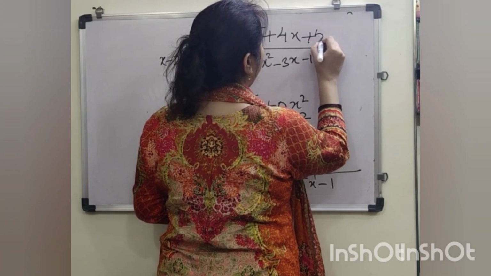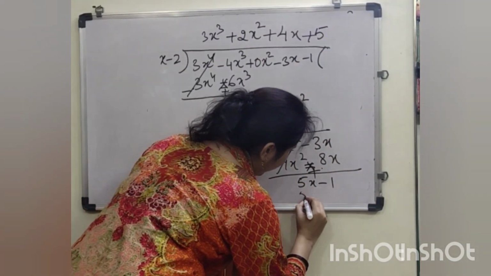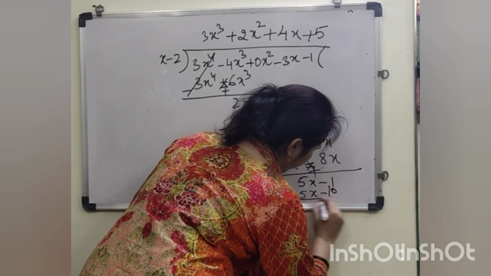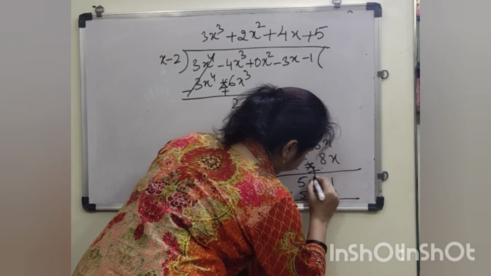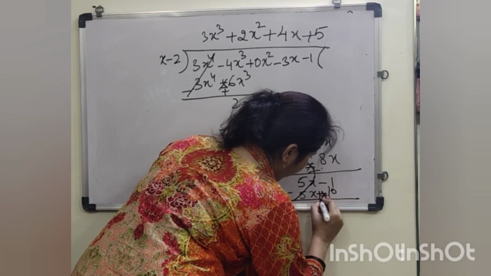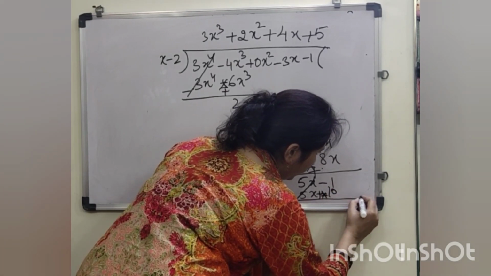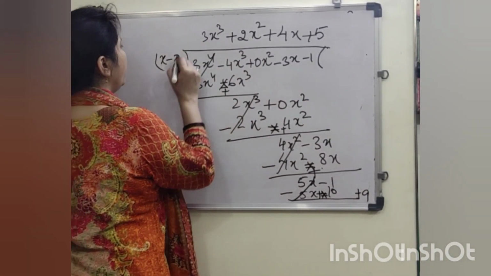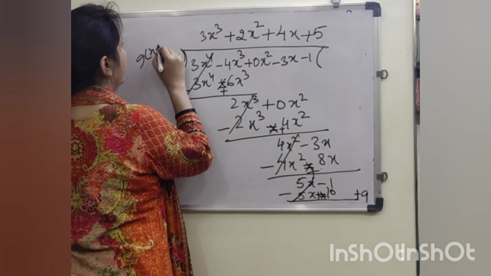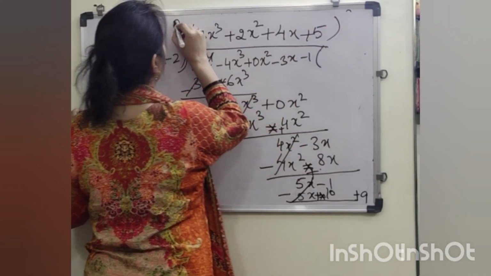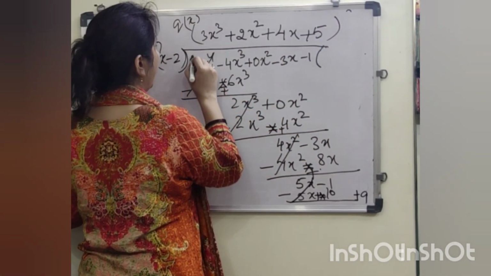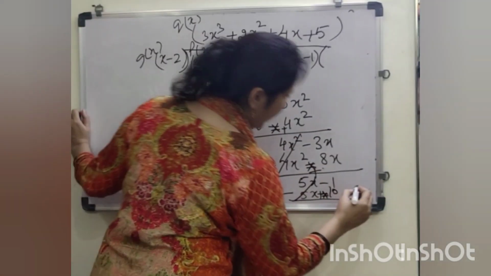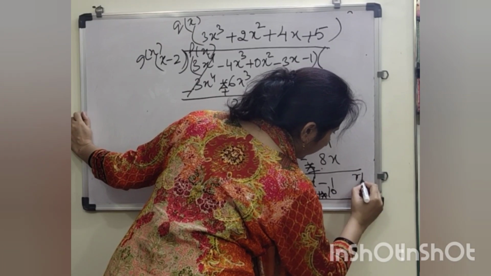So take plus 5. So it is 5x minus 10. Subtract, these two minus will become plus. Plus 10 minus 1, that is plus 9. Your remainder is 9. Now just see, this is your g(x), this entire is your q(x), and this is your p(x). The remainder 9 is your r(x).